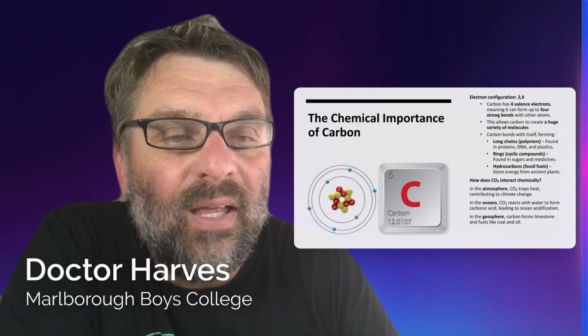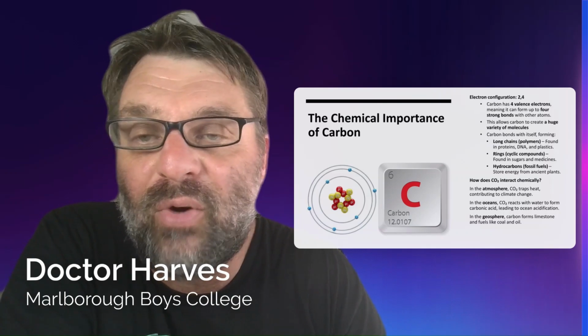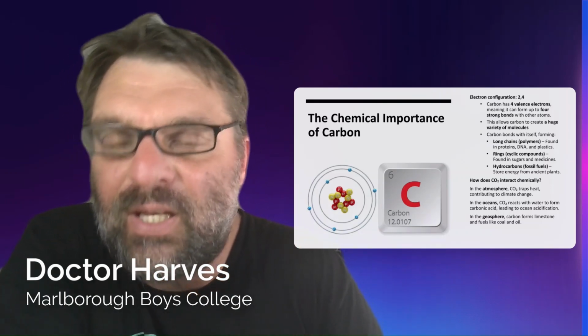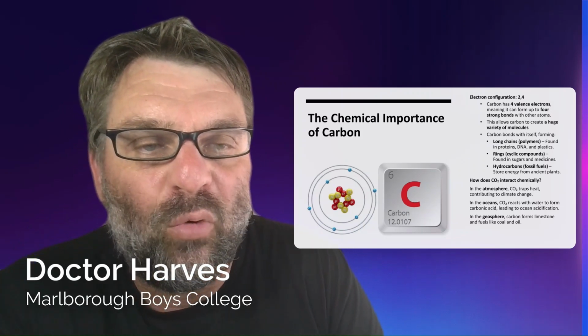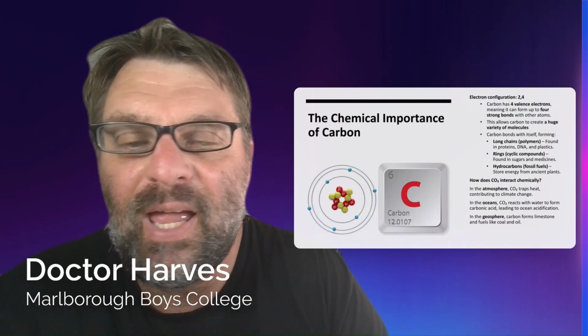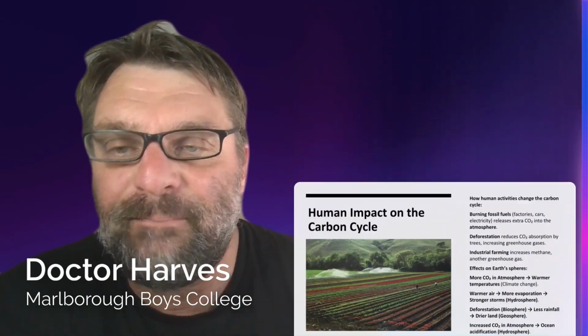And in the geosphere, they form limestone, and also oil and coal, which are found underground, basically decomposing organisms which don't fully decompose under great pressure and temperature. They begin to form things like coal and oil, which are fossil fuels, which can be extracted and used and release carbon dioxide back into the atmosphere.